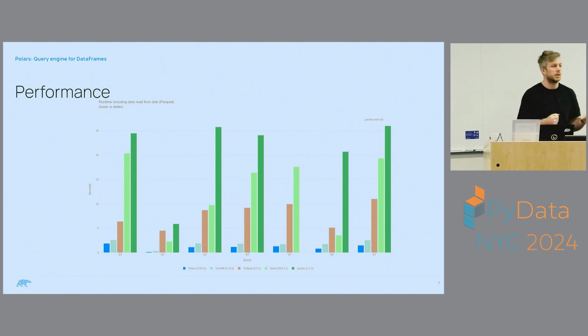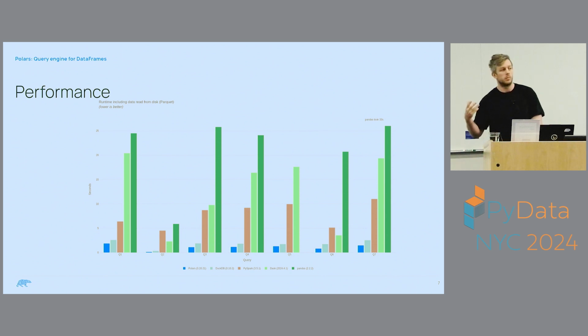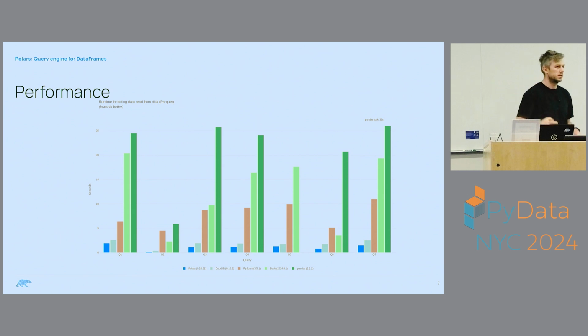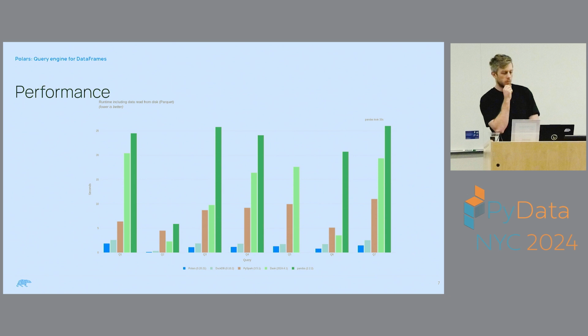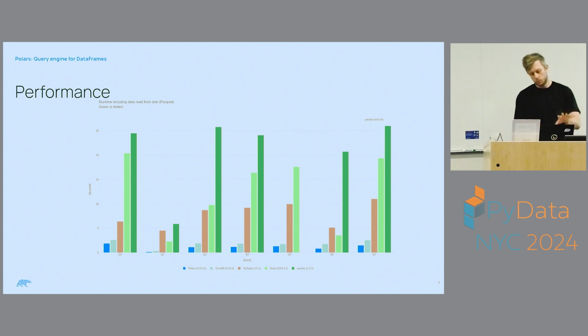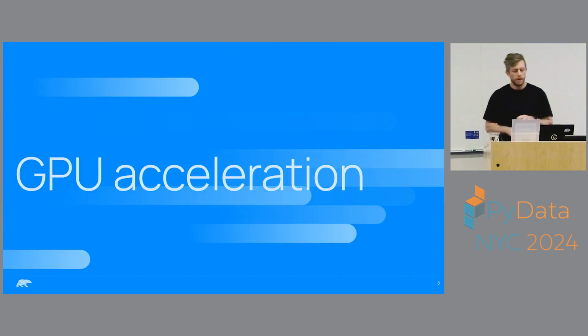It's a derivative of the TPC-H benchmark. The TPC-H benchmark is a benchmark made for databases, and it's got tons of questions that really test different operations. You can find more of this on our website. I don't want to tread on this too much.